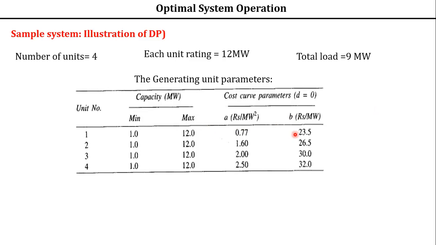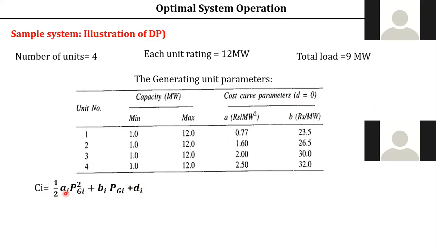Now here the A, B and D values are given as 0. In some problems they will give D also, so then you have to consider the whole thing. Now this is the cost equation, where we have used alpha, beta, gamma here, isn't it? But here we are using AI, BI, DI, and with the half term we are using it.